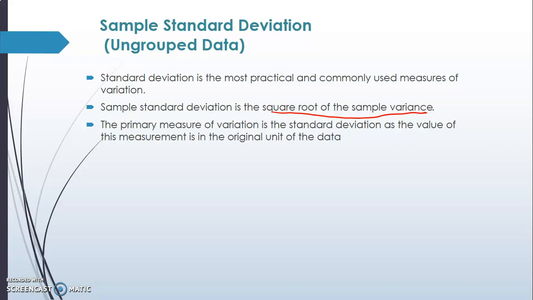So that is why the unit for standard deviation is the same as the unit of the original data. When we need a measure of variation to describe a sample set, normally we will use standard deviation instead of variance.